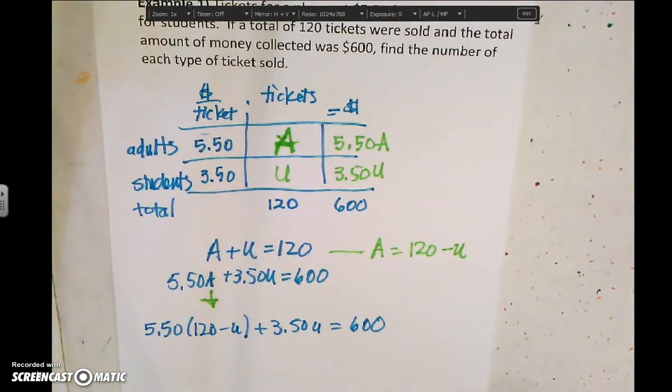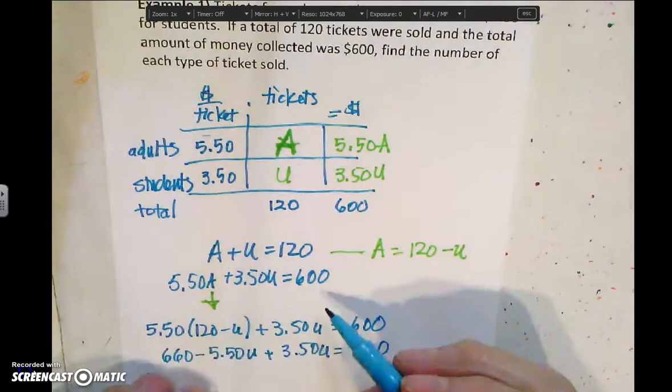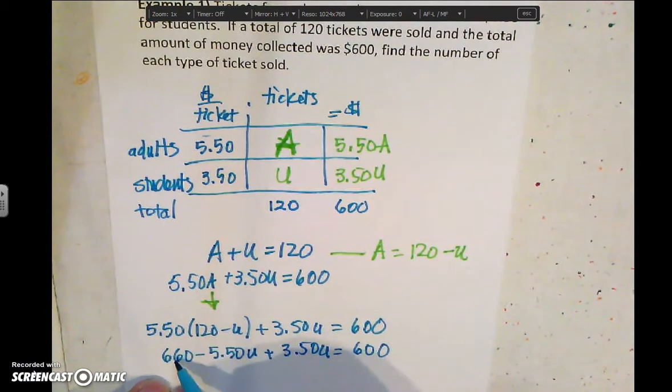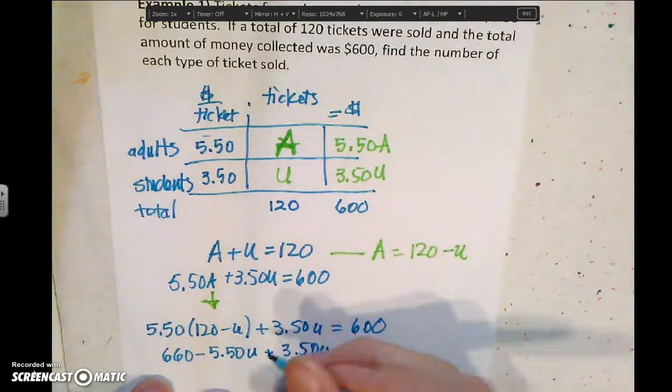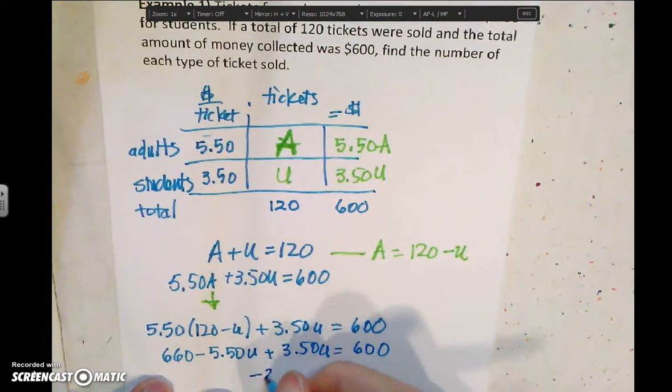We'll get our calculators out and check that and multiply 5.50 times 120. And we get, when we distribute, 660 minus 5.50U plus 3.50U is 600. So now we're going to add our negative 5.50 and our plus 3.50, and that's going to add to be a negative 2U.